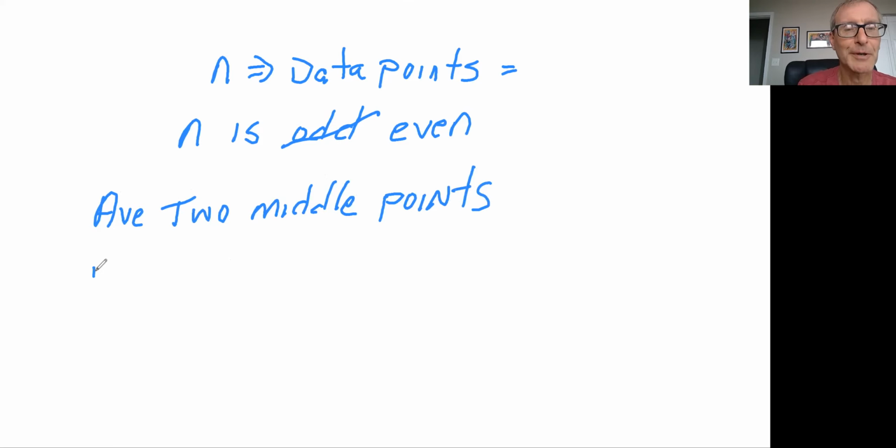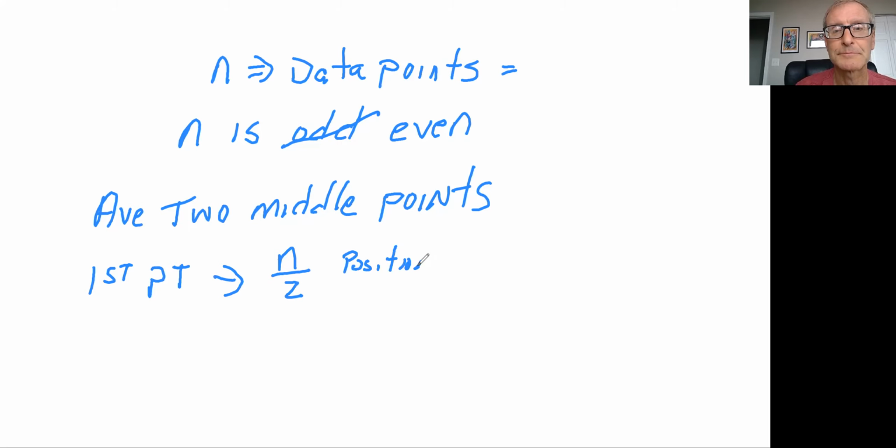And so the first point position will be n divided by 2. This is position 1. And then the second position, or the second point, you just add 1 to it, and that would be position 2.